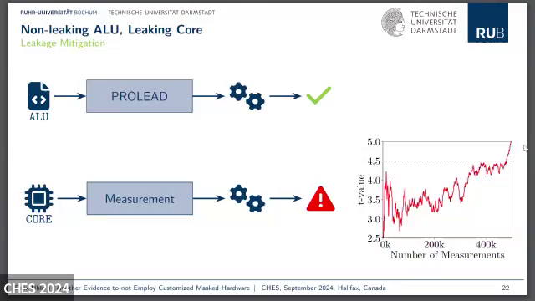But we have another problem. As I've already mentioned, this is a mask instruction set extension, so we have the normal instructions as well. So we have two ALUs side by side. And when we instantiate both of these ALUs in the whole SCARF core, we can still measure leakage in an empirical setup on an FPGA.